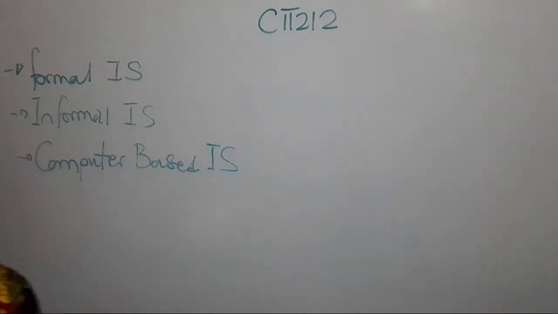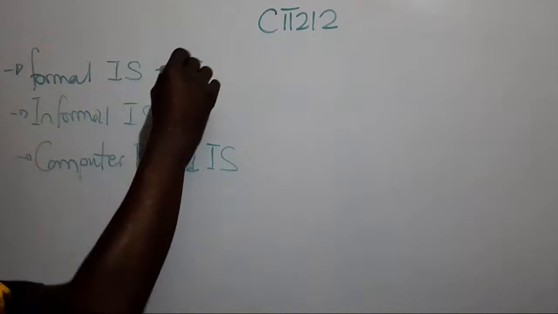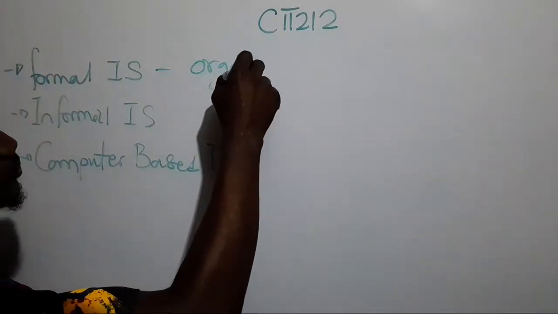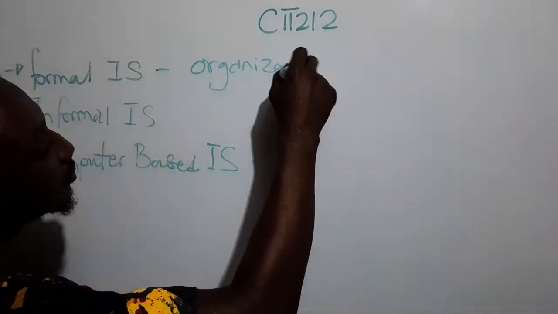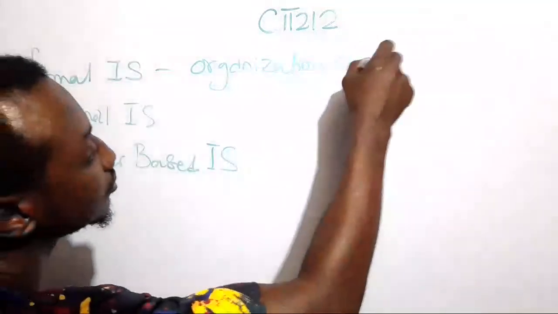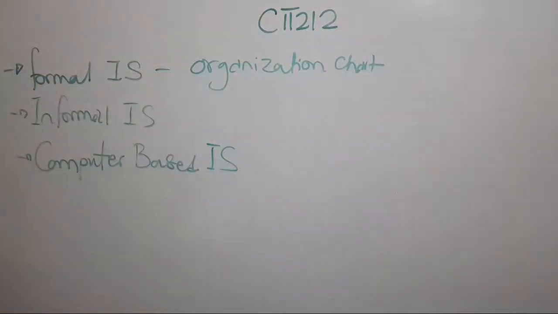A formal information system is based on the organization, presented by an organization chart.